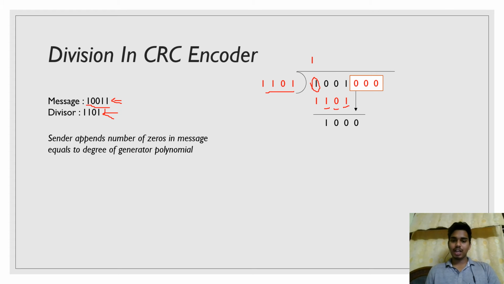And now again the leftmost bit is 1. Now we will add the divisor 1101 to the 1000. Now we will bring again this 0 bit down, and 0 plus 1 will be 1, 0 plus 0 will be 0, and 0 plus 1 will be 1.